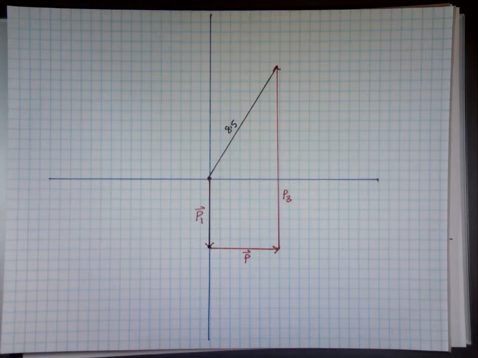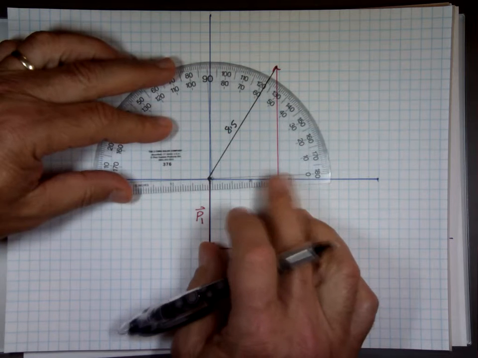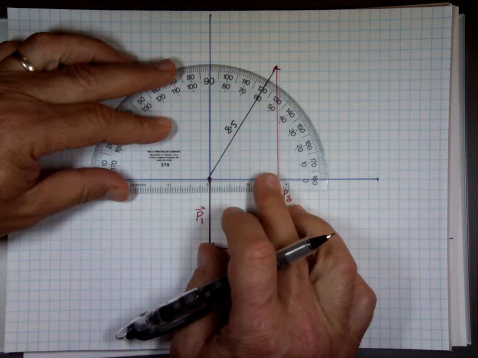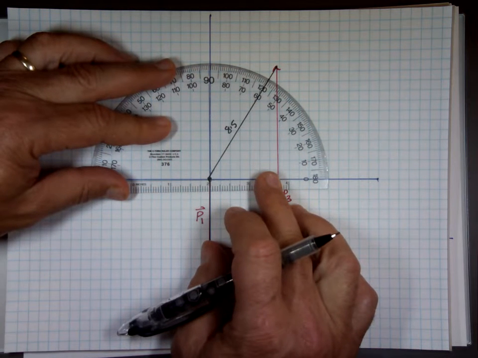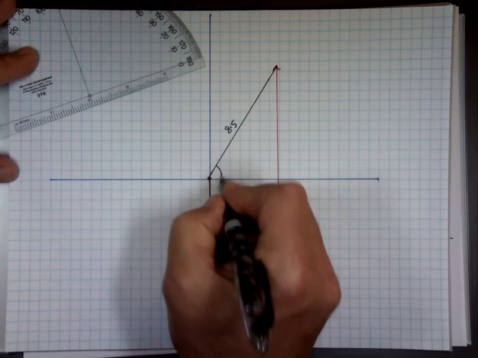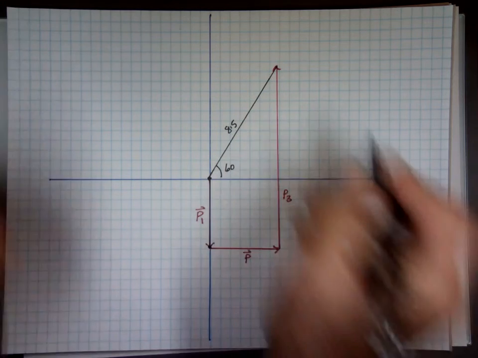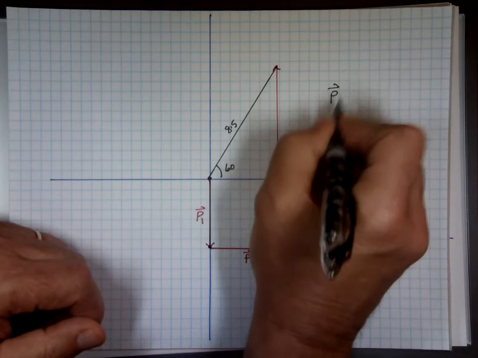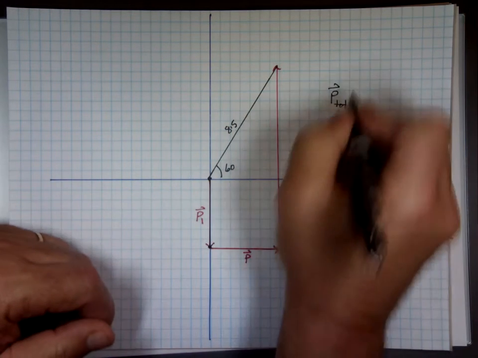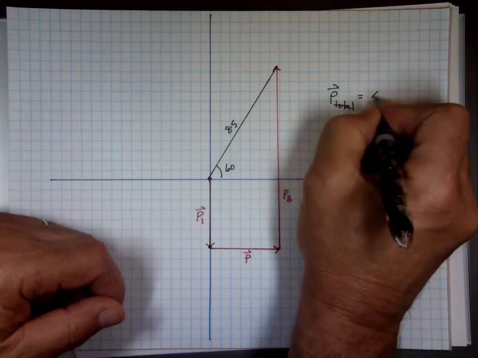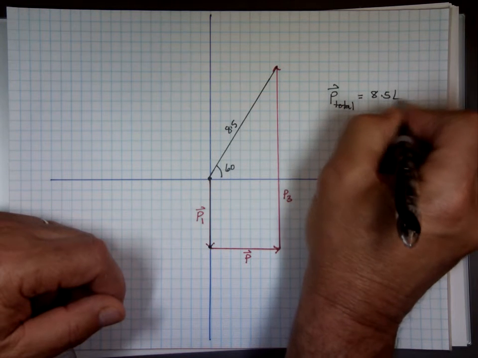Let's see what that angle is. Roughly 60 degrees, right? So the resulting vector, P total here, is going to be 8.5 at an angle of 60 degrees.